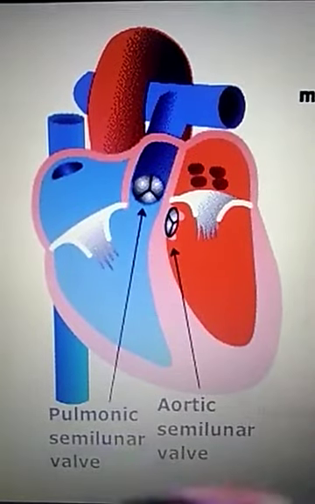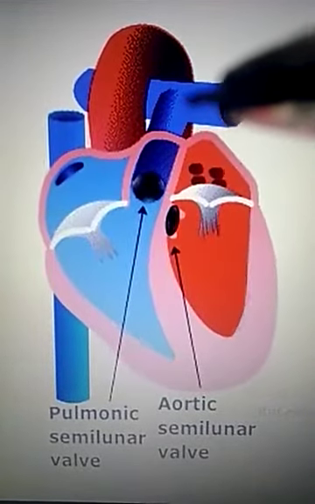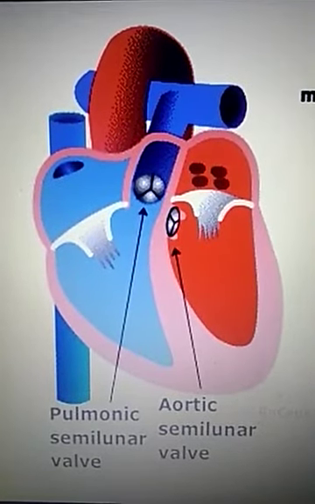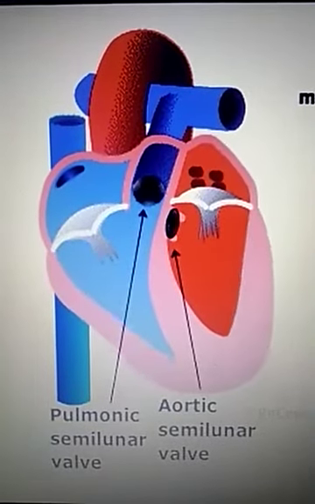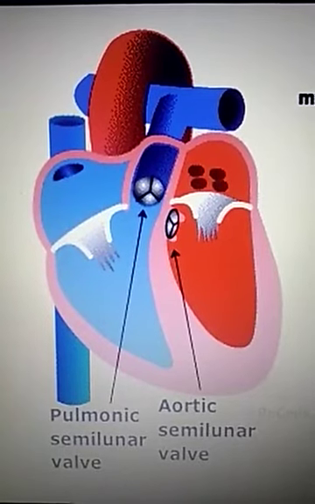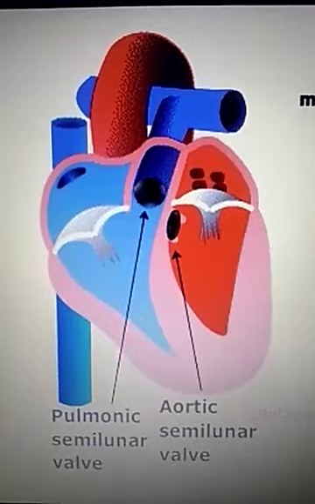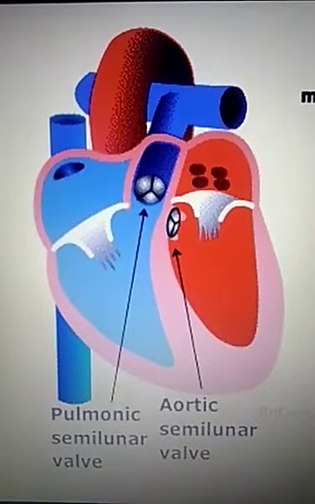So during the relaxation phase, the pressure is very minimum, and that minimum pressure in the arteries during the relaxation phase of the heart is known as diastolic pressure. Normal diastolic pressure is about 80 mm of Hg, although it is also subject to person to person variation and factors such as age, disorders, and several other conditions.